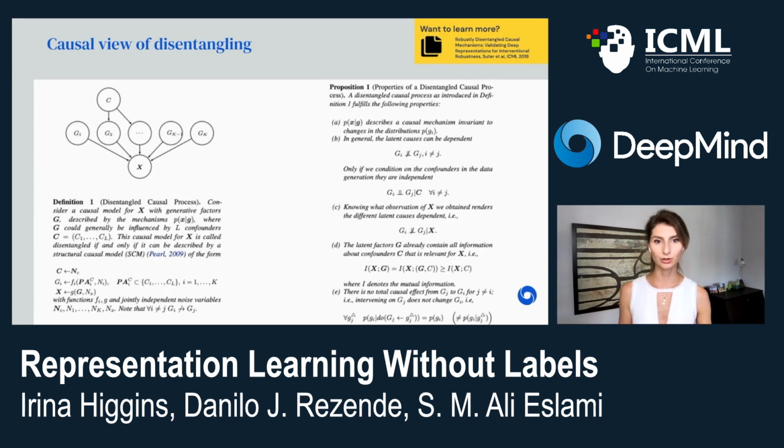The causal view of disentangling matches the statistical view through properties C, D, and E that I will not go into. But it also has nice properties over the statistical model.